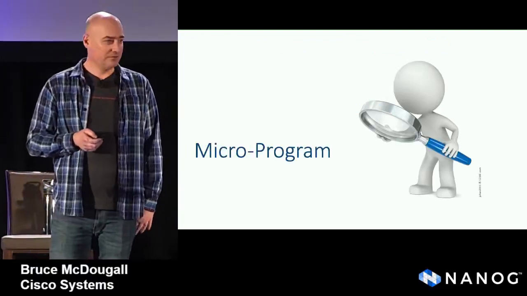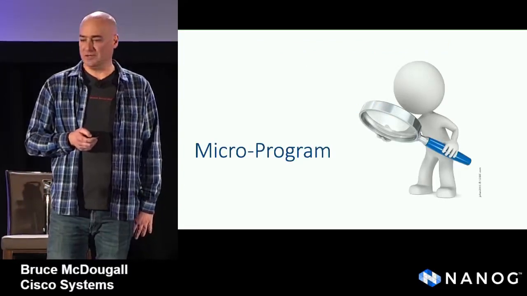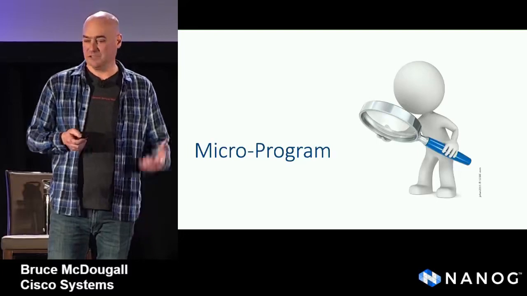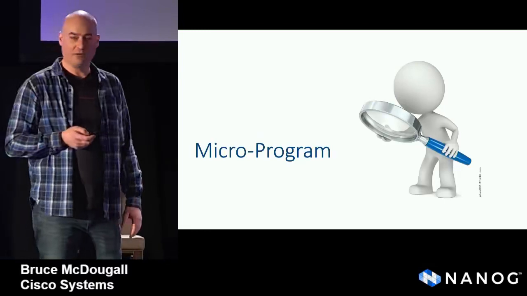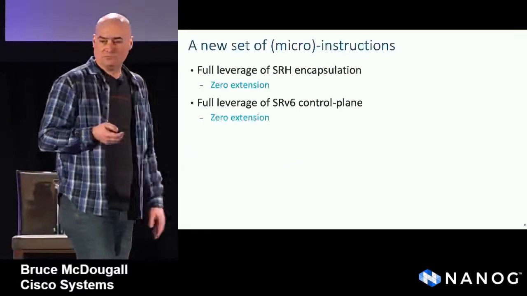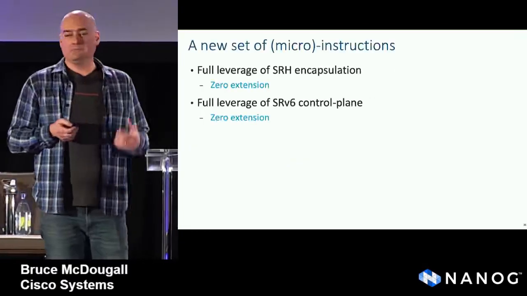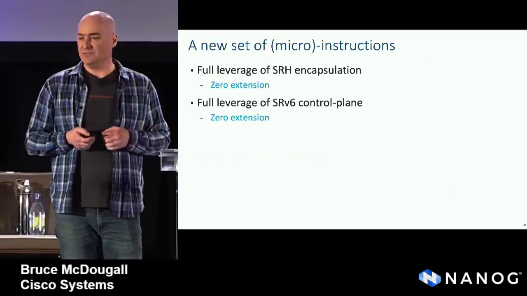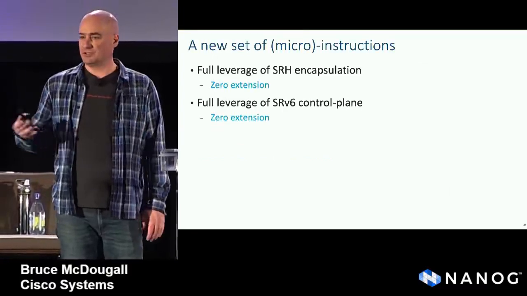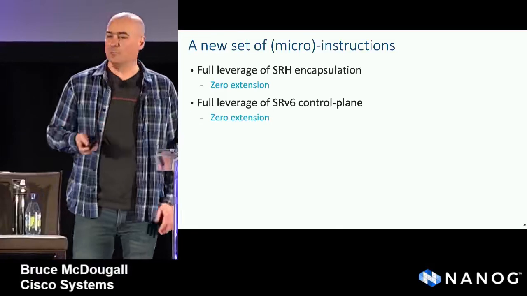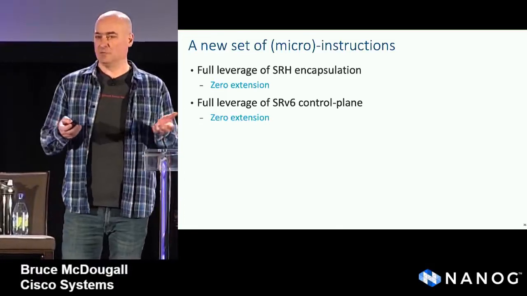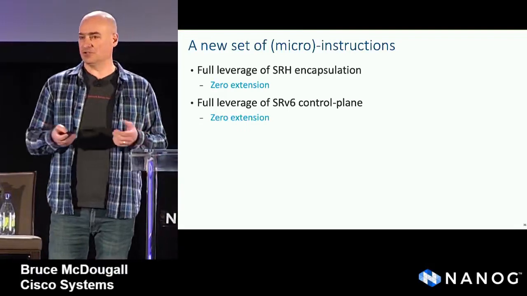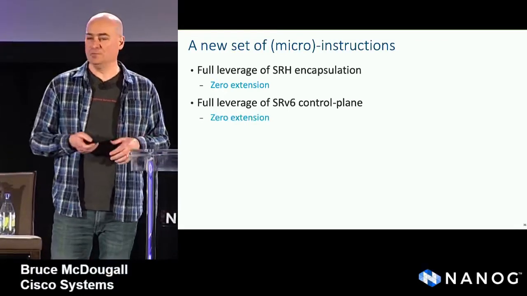All right, so the final piece of this talk, and this is one of the biggest pieces actually, we're introducing SRv6 microprogram. Microprogram is a set of new micro instructions. If you recall from the network programming paradigm, each 128-bit SID represents an instruction or instruction set, a program if you will.